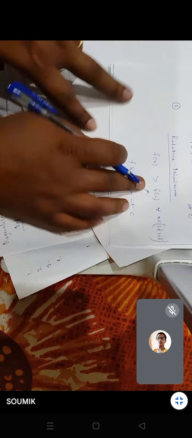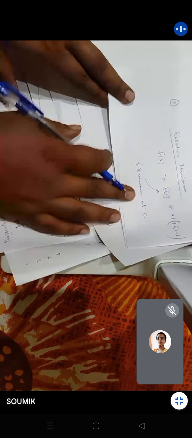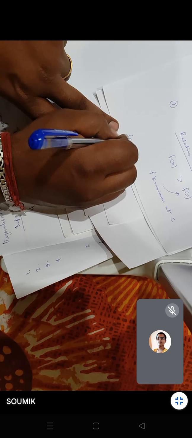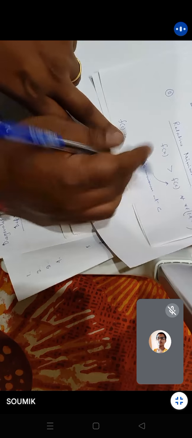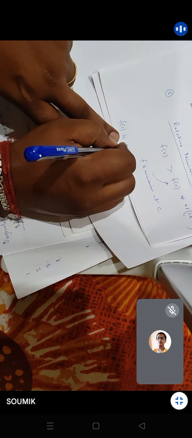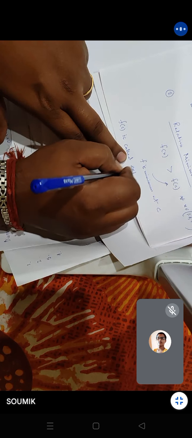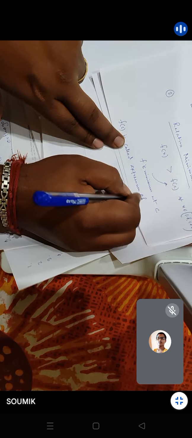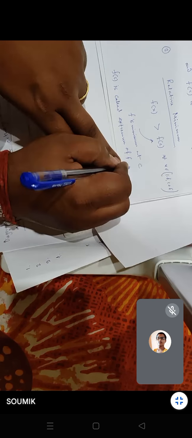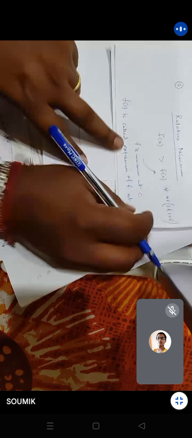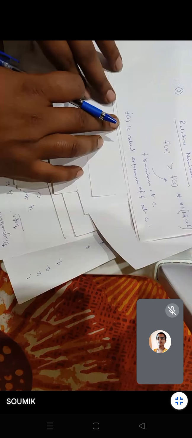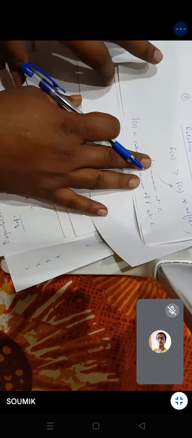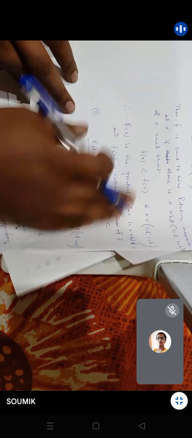Right. So then f(c) is relative minimum, and also f(c) is called extremum of f at c. So f(c) is called extremum of f at c in the minimum case, or in the maximum case.